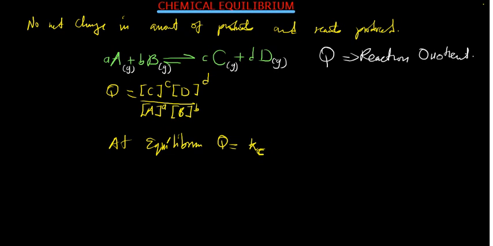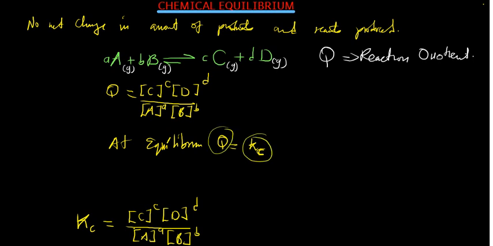And so we are saying this Kc is going to be equal to the concentration of the products, that is C raised to the power c, and then D raised to the power d, divided by the concentration of the reactants, that is A raised to the power a, and then B raised to the power b, where the small letters, which are superscripts, are just representing the balanced moles. That is at equilibrium, where the reaction quotient is equal to the rate constant.